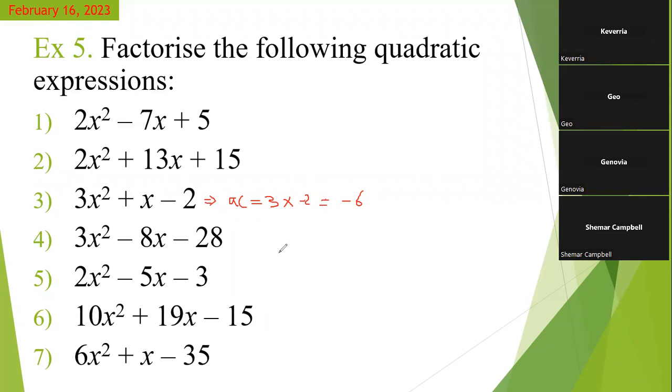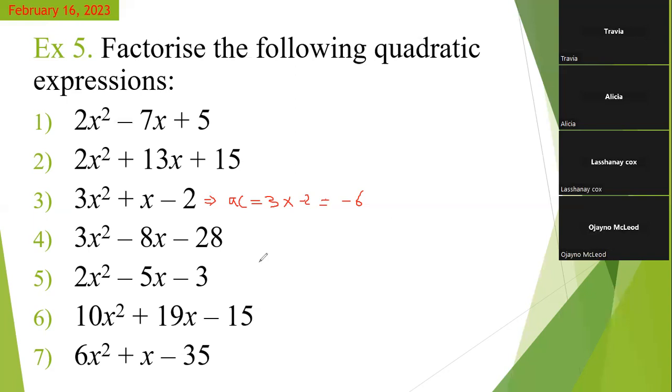So 2 factors of negative 6 that will give back x, sir, is positive 3 and negative 2. All right, stick up in there for me, Miss Clark.